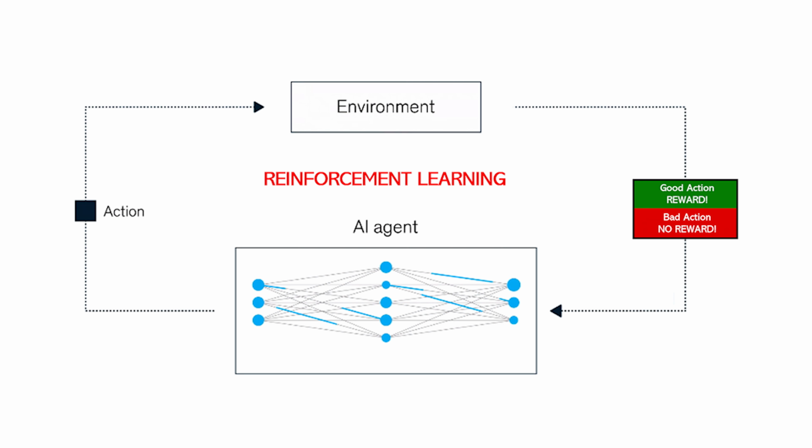The model learns through trial and error, getting better over time by adjusting based on feedback. This method is used in robotics, games, and some recommendation systems. So, we have different types of models, and we should choose the right one in our context.